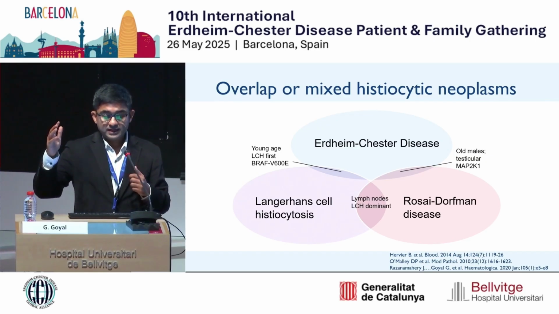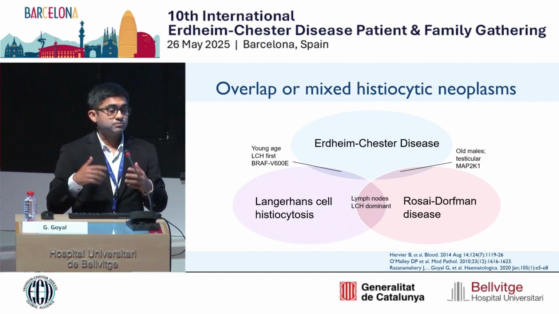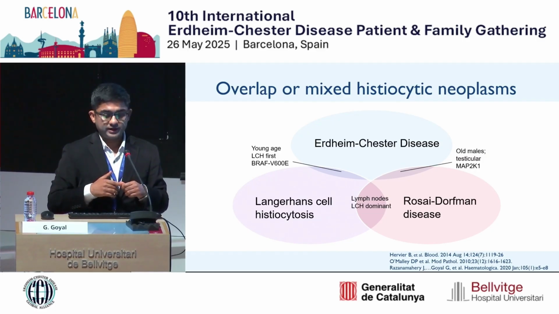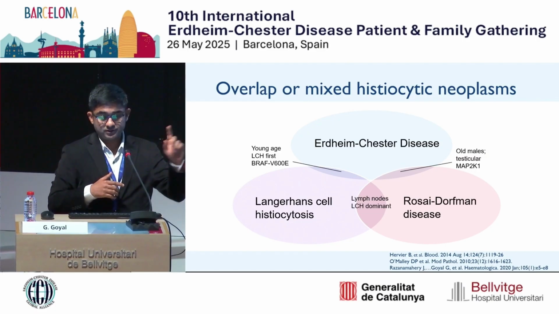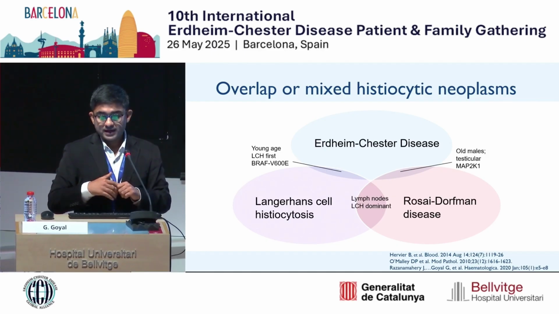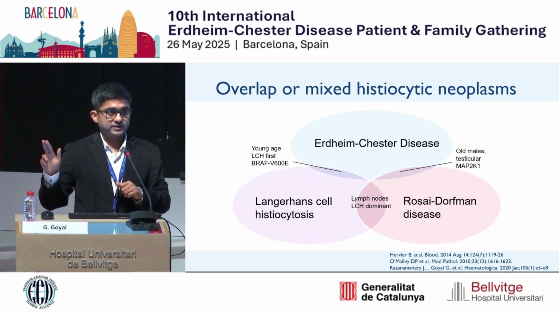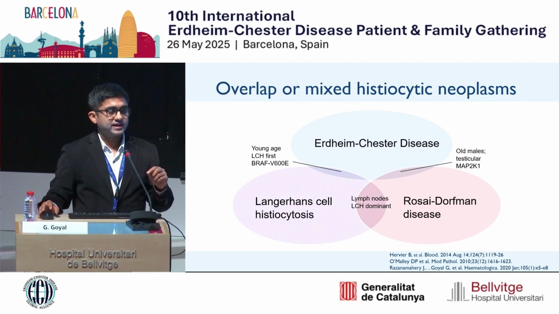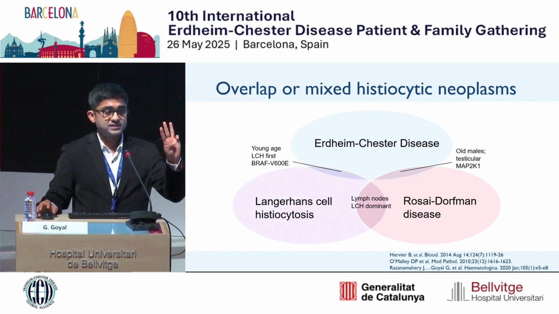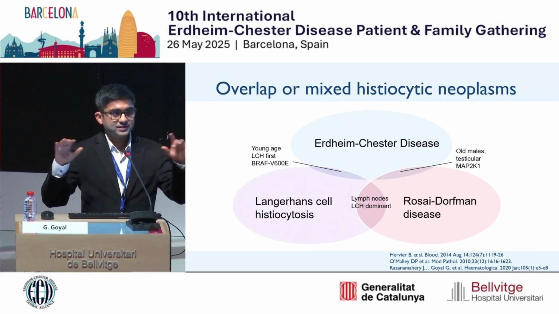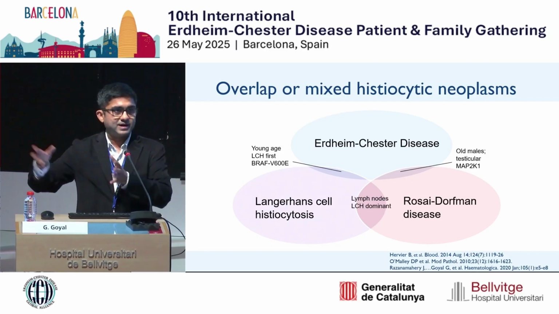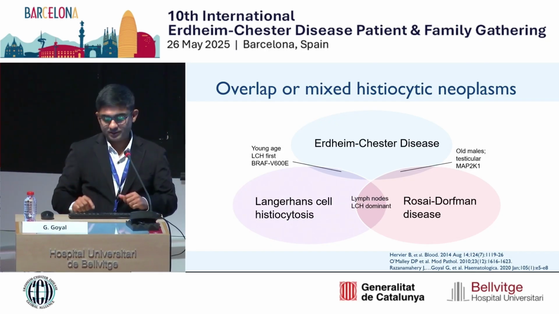People have reported ECD with LCH, which is most commonly BRAF V600E mutated, and LCH happens first in those cases for the most part. And then LCH and RDD can occur together as well. We have actually reported a case which involves all three histiocytoses in one person, which tells us there is a lot more fluidity. They are not these clean baskets that we can just put these into.